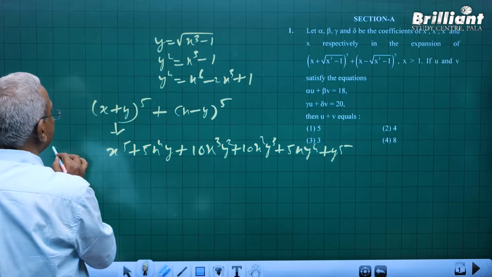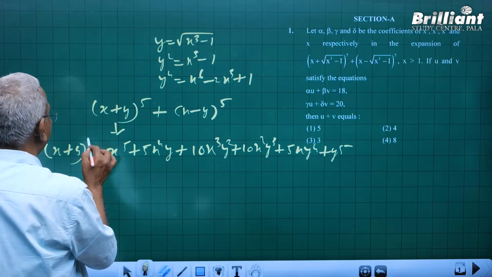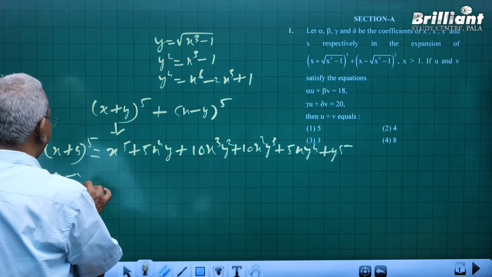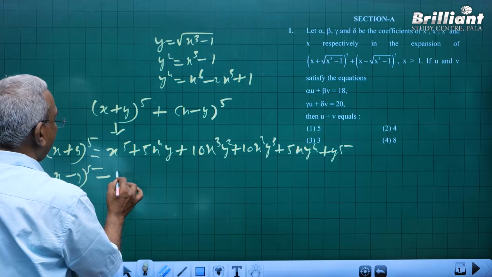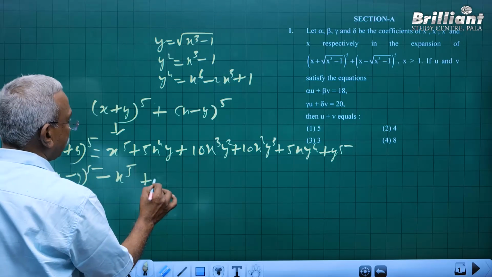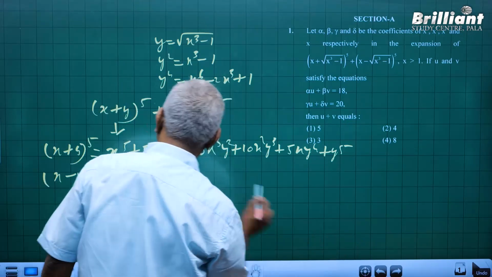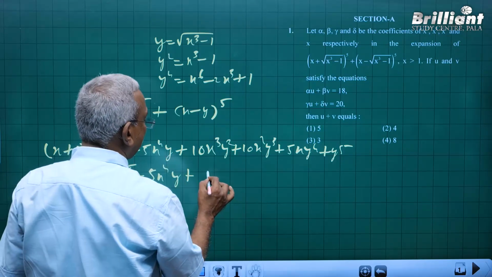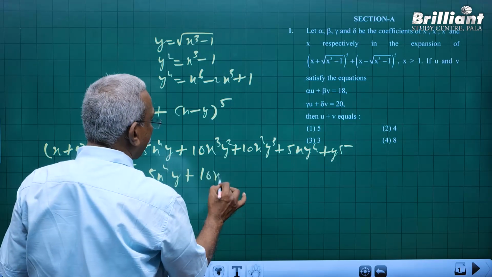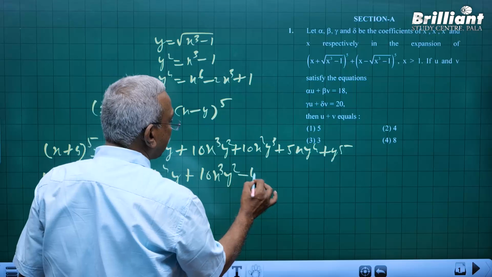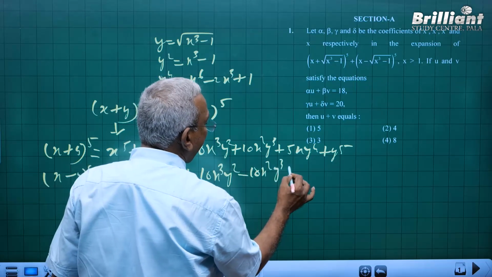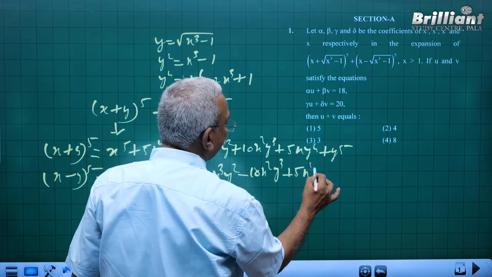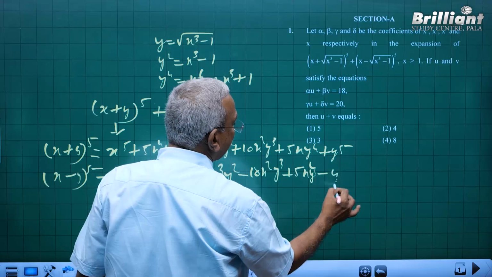Then the second one, (x − y)^5 is equal to x raised to 5 minus 5x raised to 4 y plus 10x cube y square minus 10x square y cube plus 5x y raised to 4 minus y raised to 5.